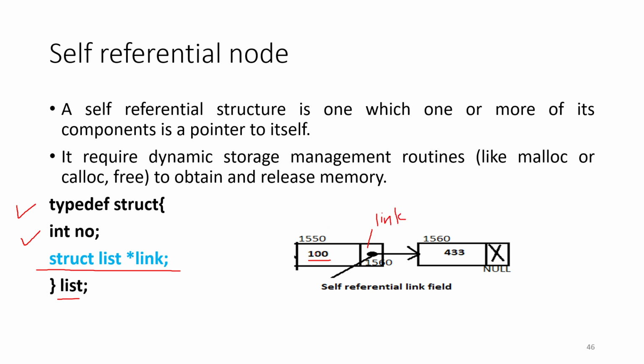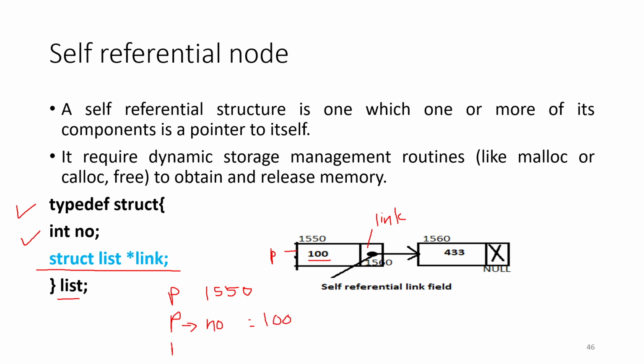This is no. In this first node, if name is P, P of no is 100 and P of link is 1550. If this node's address is 1050, then P of information field, P of number, is equal to, as you can see, 100.